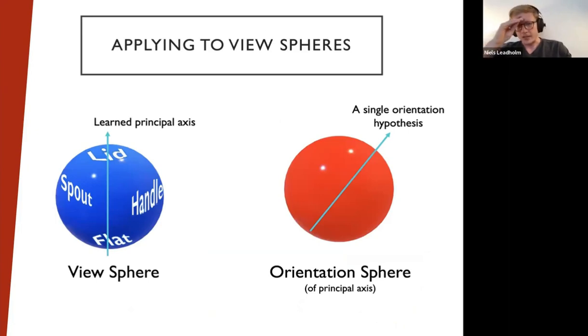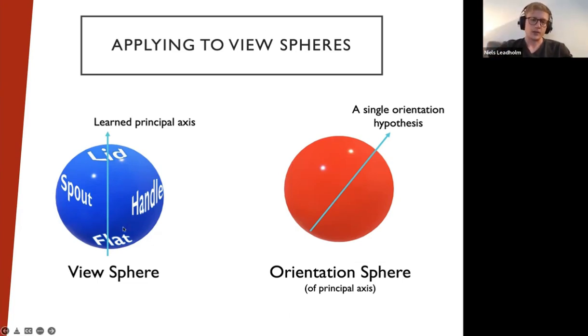So then bringing all this back to view spheres, the idea is, for a view sphere like this teapot, the features are on this view sphere relative to the learned principal axis. And when you're inferring an object, of course, it can be at any orientation in the natural world.